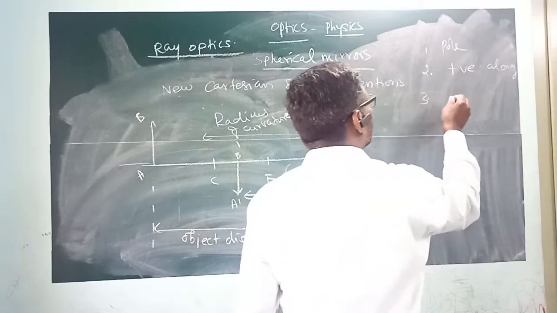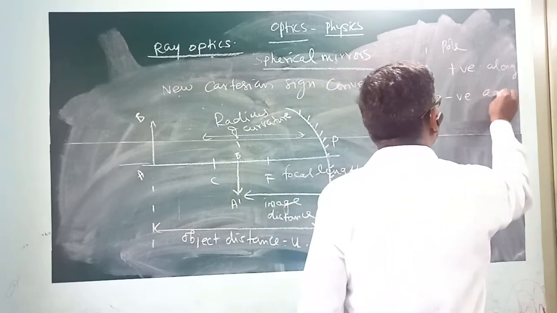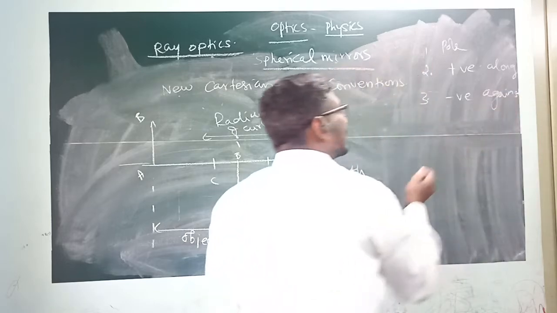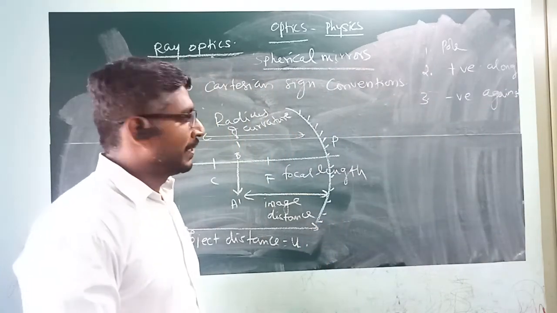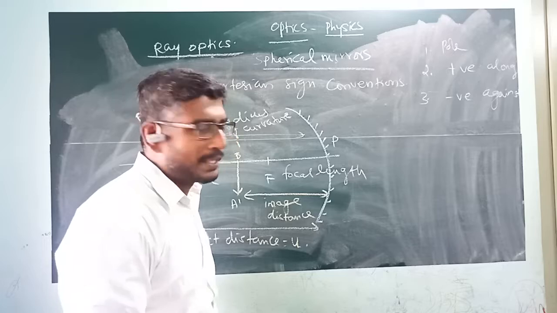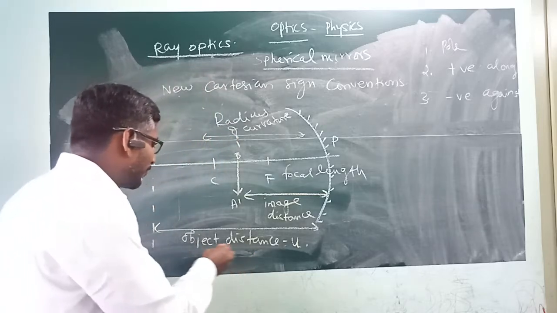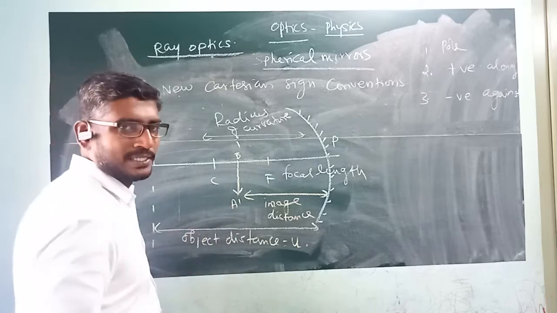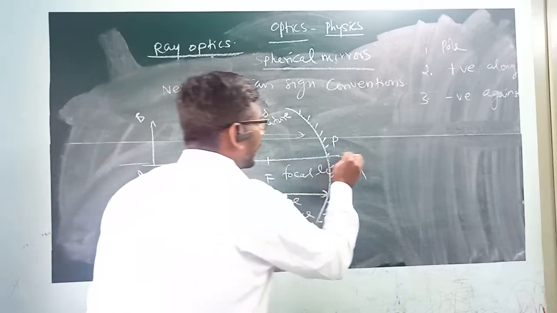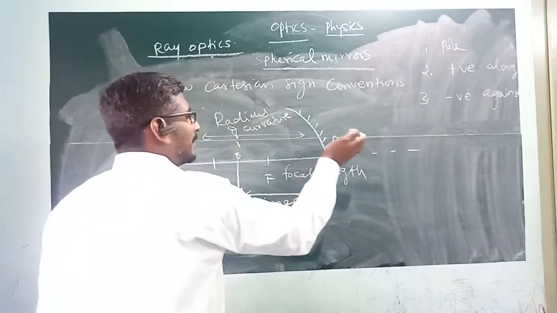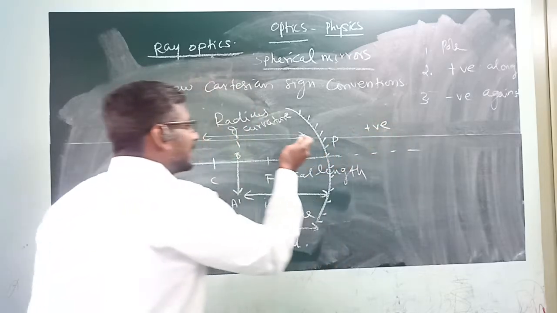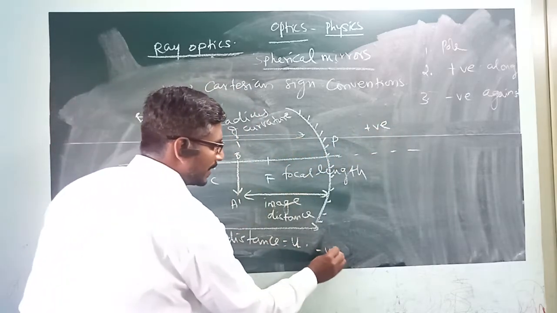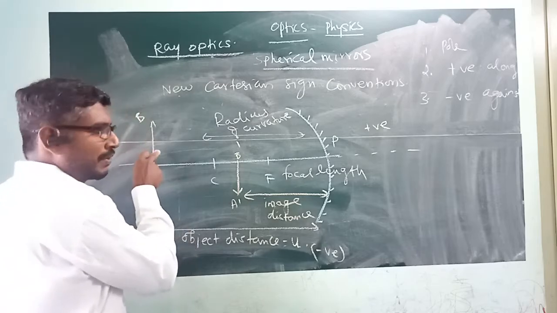If you measure the distance against the incident ray, then it is negative. Let us keep these two simple points in our mind, and we can find the object distance and image distance. Let us see now. This is along our incident ray, it is positive. This is against the incident ray, which is negative.